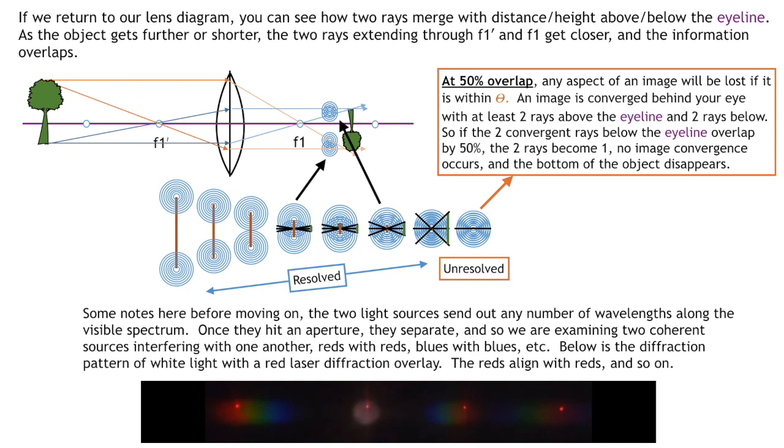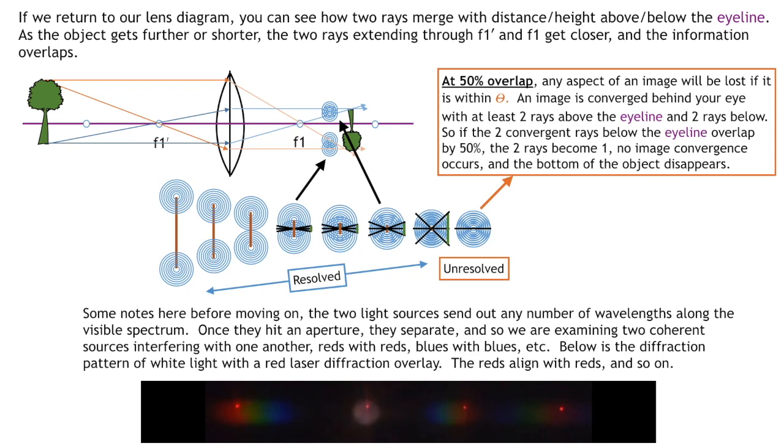The stump of the tree or the bottom of the tree below our eye line has less height than above the eye line, and so you can see the 2 rays are a little closer together behind the focal point F1. And I've depicted those merging rays with our Airy disk pattern mergings that we just went through.